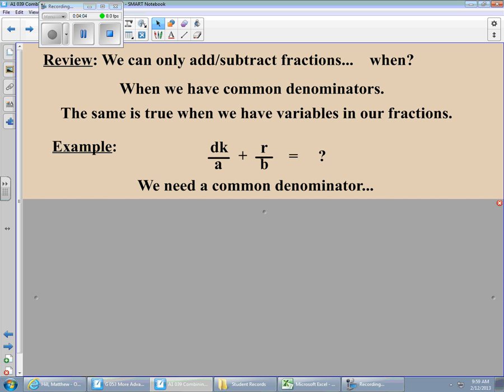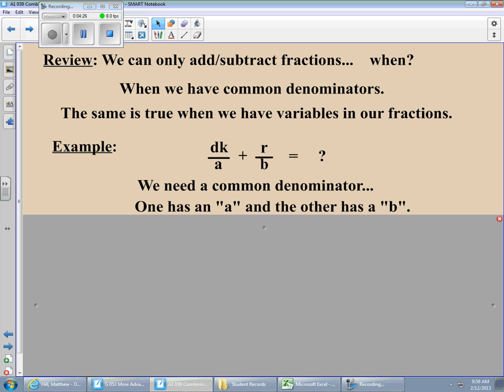Okay, well, variables are no different. We just have to figure out, I need to multiply this denominator on the left by something and multiply the denominator on the right by something. And in the process of doing this multiplication, this new denominator that's going to show up in both fractions should be the same in both places. Okay, well, look at what we've got going on here.